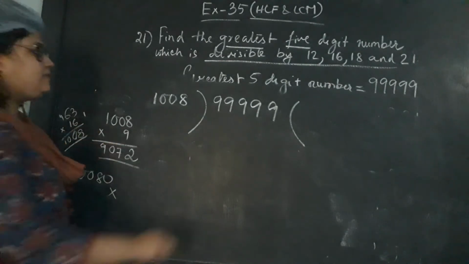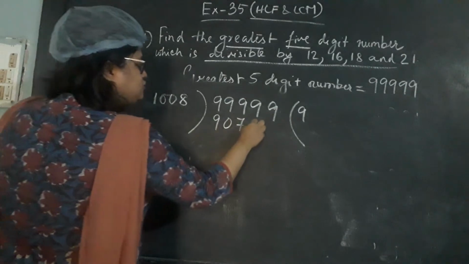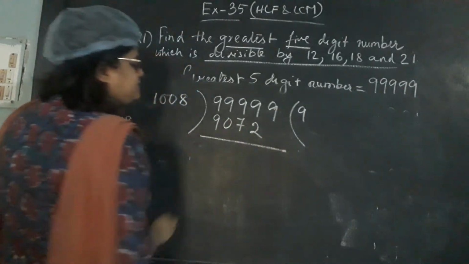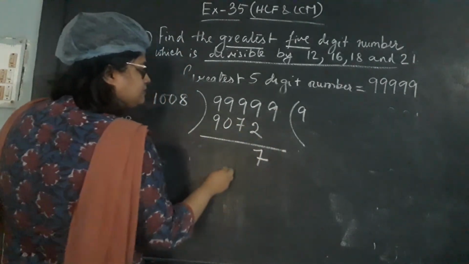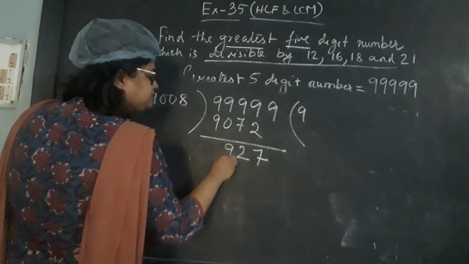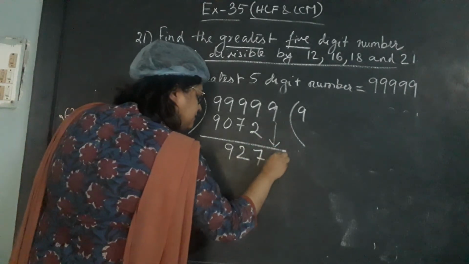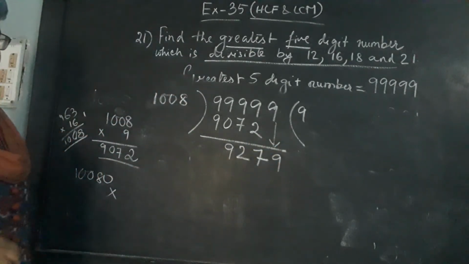So we are multiplying with 9 and getting 9072. Now what is the remainder? This is just simple division. 9 to 7 and drop this 9. Again it becomes a 4-digit.